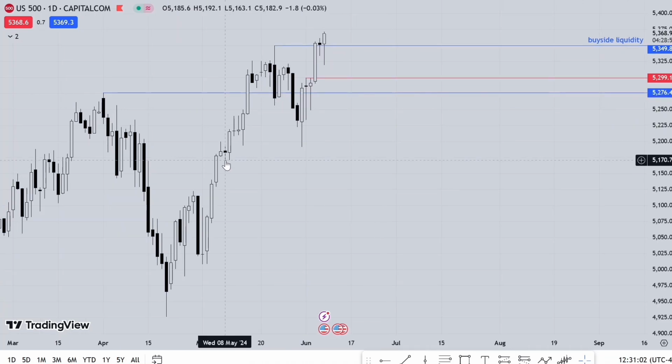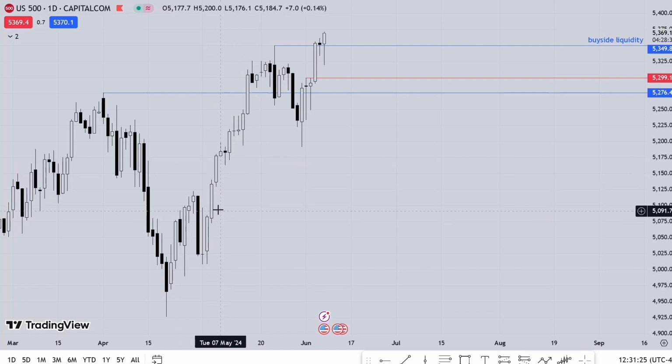So if you take your fib from this swing low to this high. So why are we using this swing low and not the other swing low? Because we do not expect this body of price action to be filled again. We do not expect this body of price action to be filled, but going forward, I will explain why.